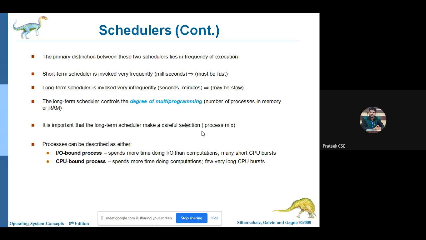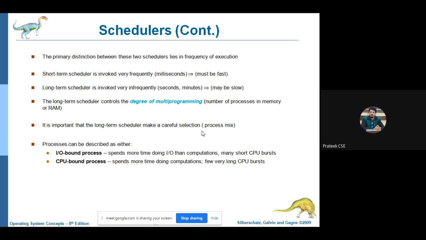And if we talk about the long-term scheduler, it basically works in seconds or even in minutes. So it may take a long time to choose the processes from the new state to the ready state, but the short-term scheduler has to be very frequent. It must execute fast so that the CPU should not sit idle and we should have the maximum CPU utilization.